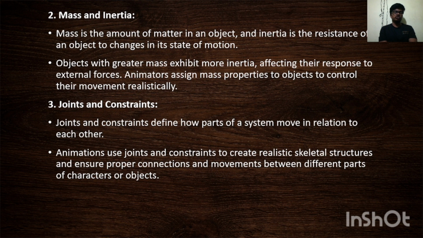These joints and constraints come under the rig, as the rig is the skeletal structure of an animated character, where the joints and constraints help in the bending of any body part. For example, moving the arm of an animated character, folding or clapping, or moving of the fingers. Everything comes under the joints and constraints.